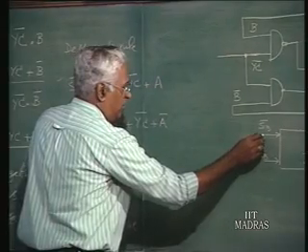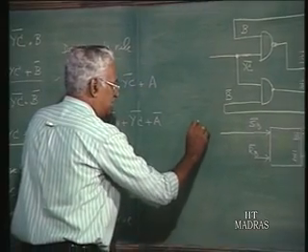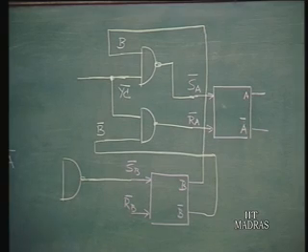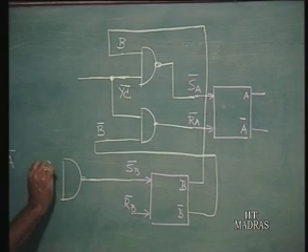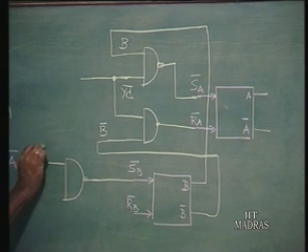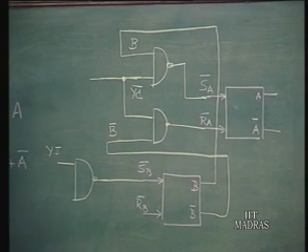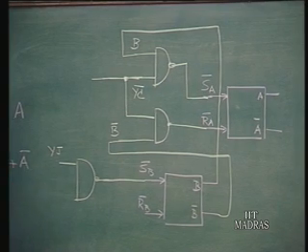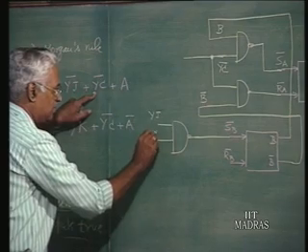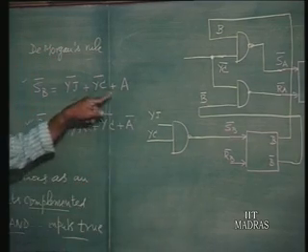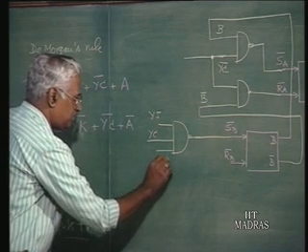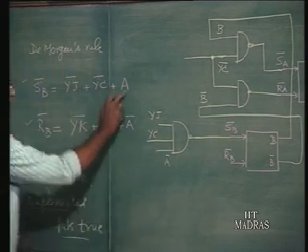So, for SB bar we will have a 3 input, the inputs must be complemented, right. So, first one YJ, YJ bar complemented will be YJ, YC bar complemented will be YC, A complemented will be A bar, right.